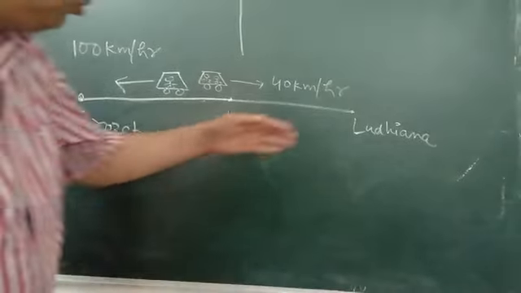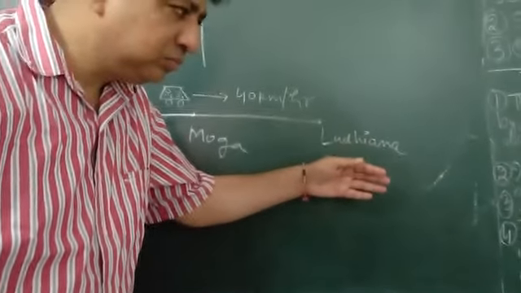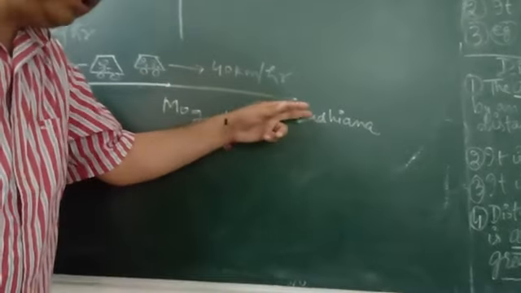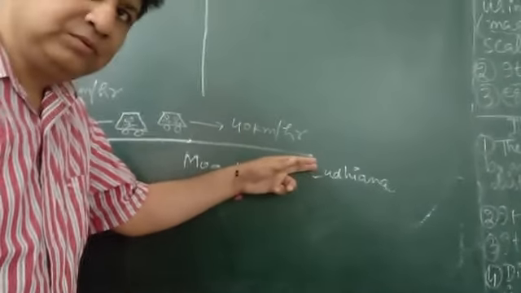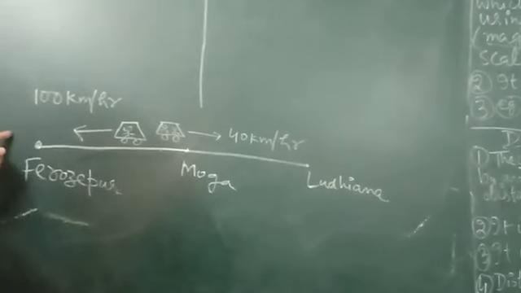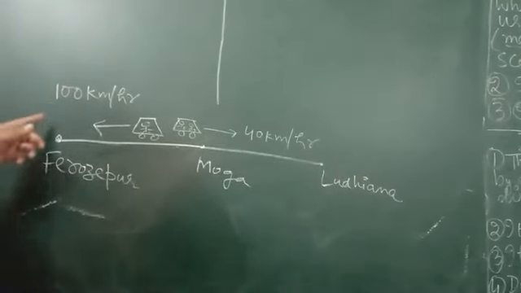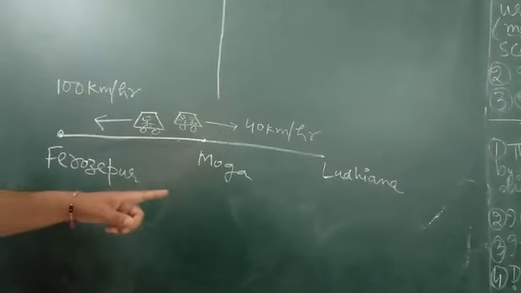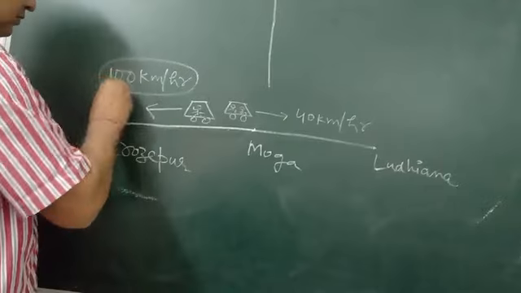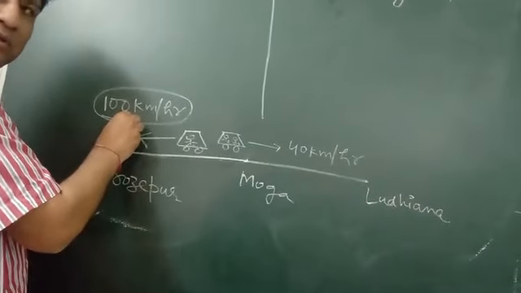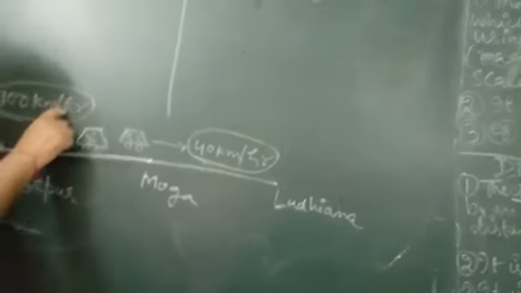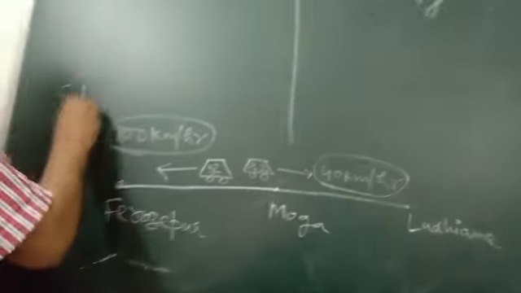Now we wanted to go to Ludhiana. This car is going in this direction. This car is going in the opposite direction. Which car is going faster? Of course, this car is faster. And if we just look at this value only, this is your speed.